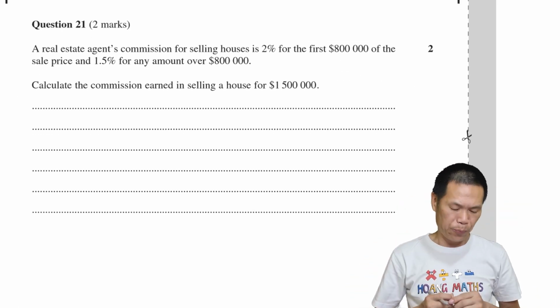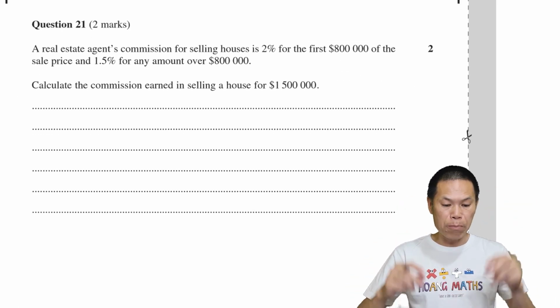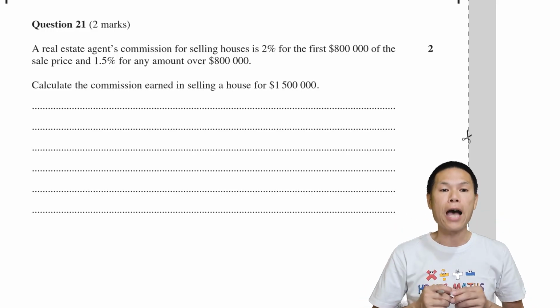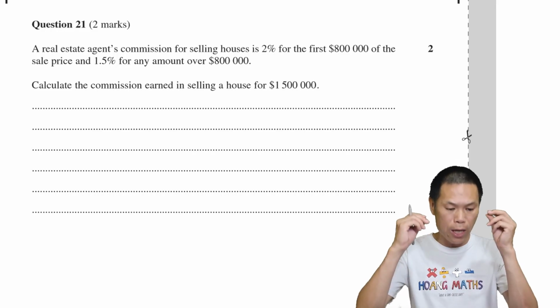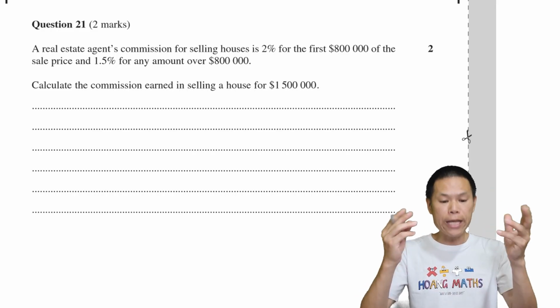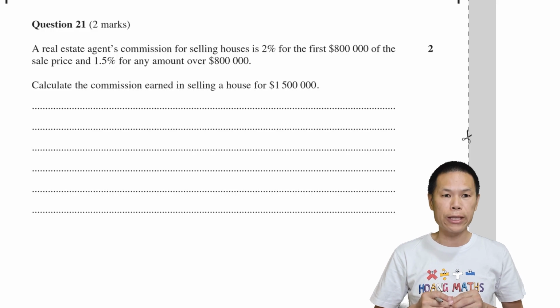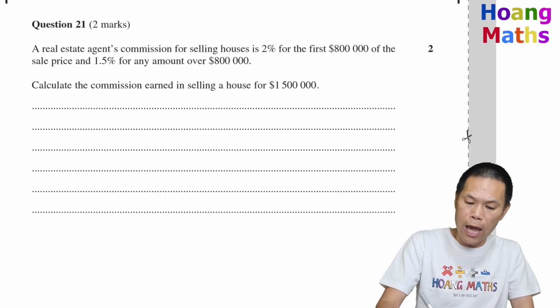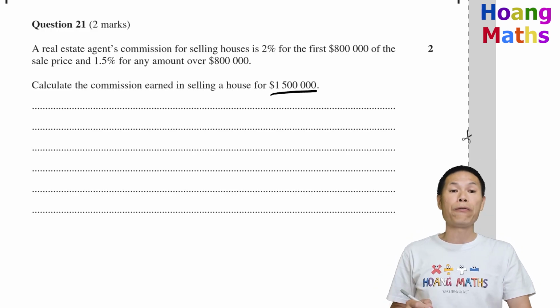Question 21. A real estate agent's commission for selling houses is 2% for the first $800,000 of the selling price and 1.5% for any amount over $800,000. Calculate the commission earned in selling a house for $1.5 million.